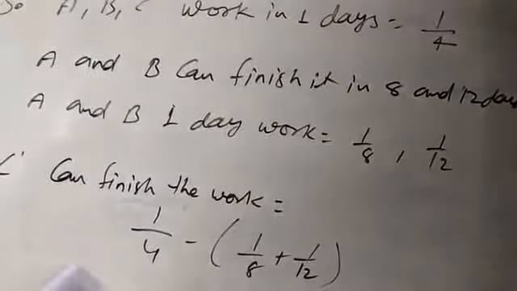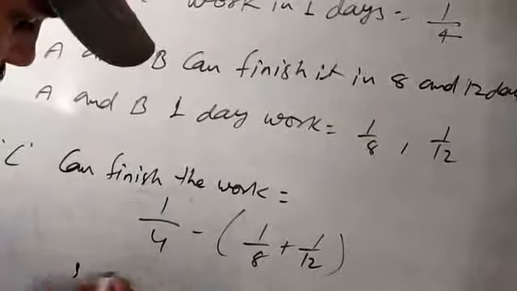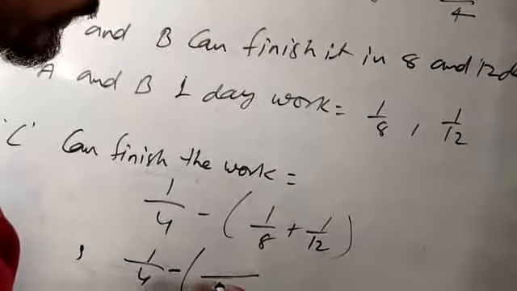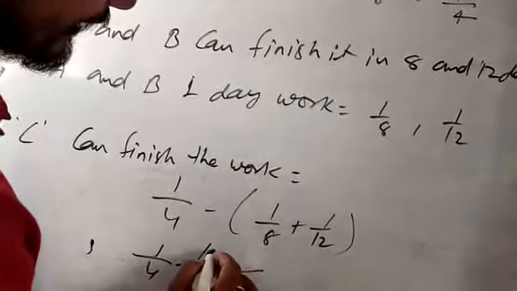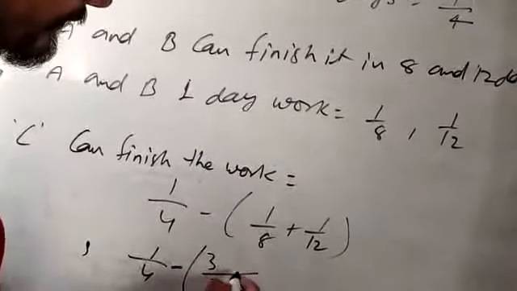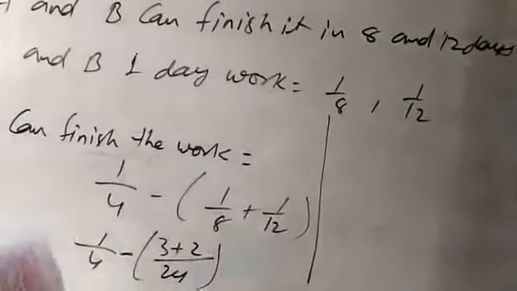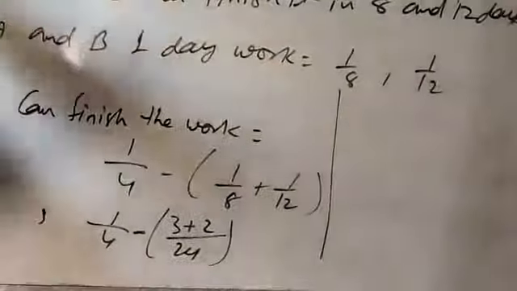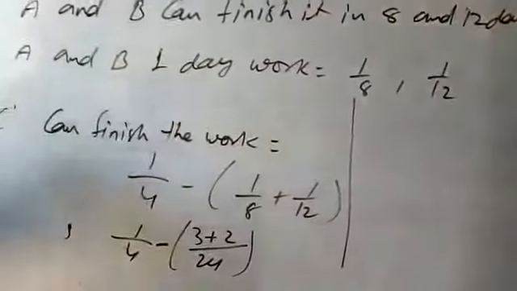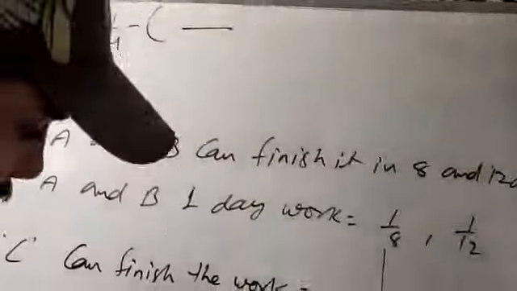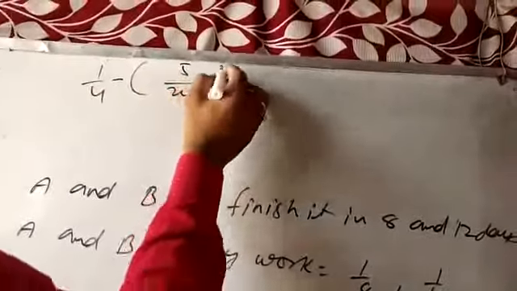So first of all, take the LCM of 8 and 12. We'll get 24. 8 3s are and 12 2s are. Okay. See, I'm writing here. 1/4 minus 5/24.